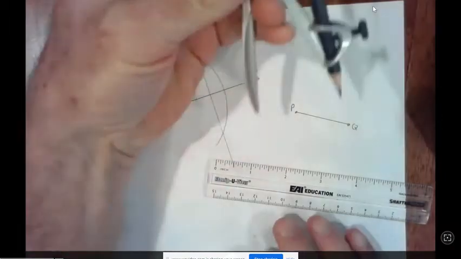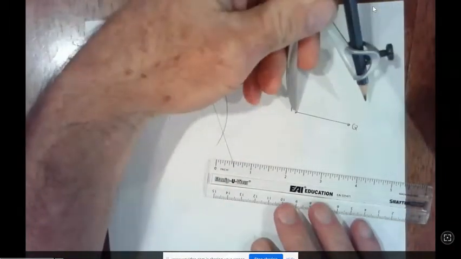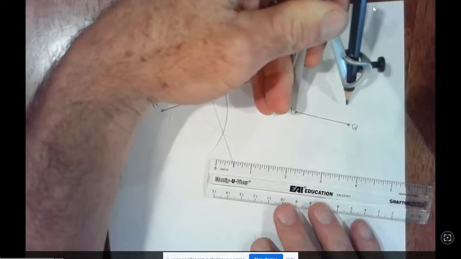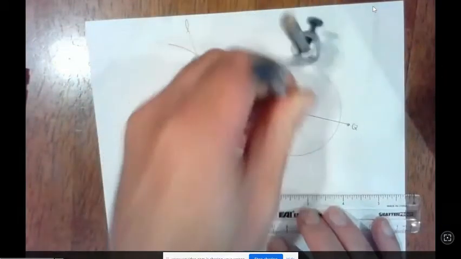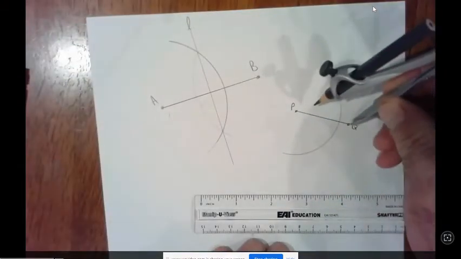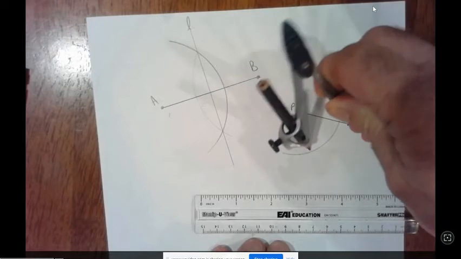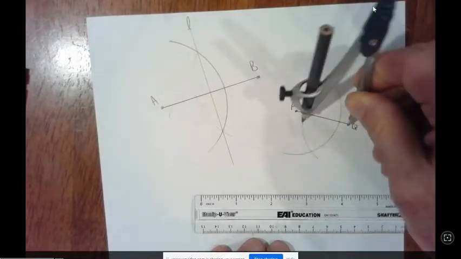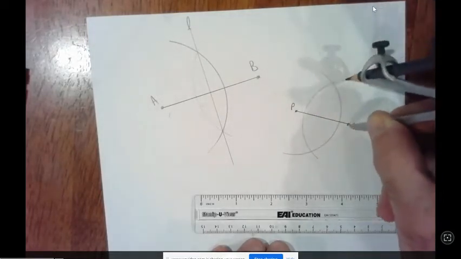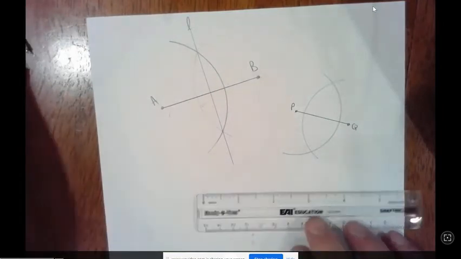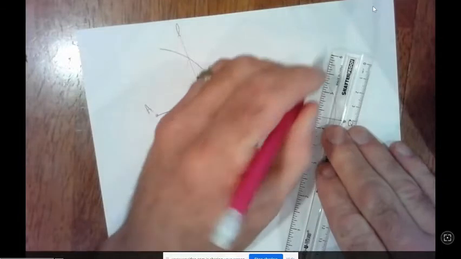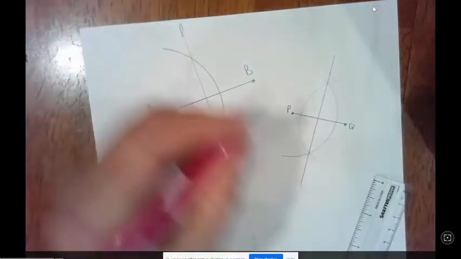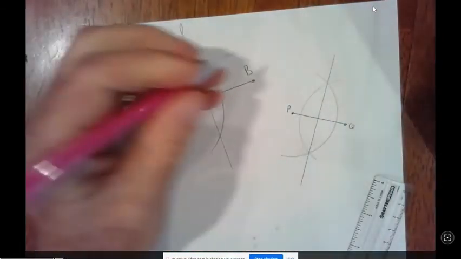Okay, so when you do the perpendicular bisector of PQ, you put the compass point at P, open up the compass so it's definitely past halfway. Make an arc from P. Make the same arc from Q. And where those two arcs intersect, we'll draw a line through those intersection points.